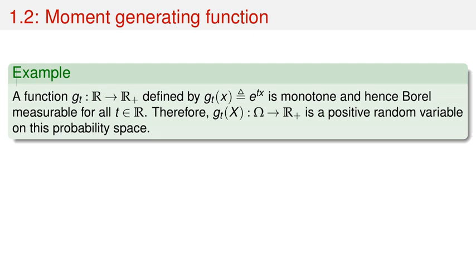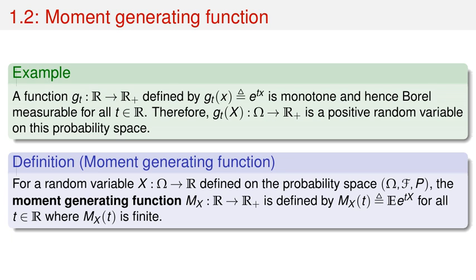Since the exponential function is monotonic, g_t is Borel measurable for any real number t. Consequently, applying this function to our random variable X, the result g_t(X) mapping Omega to the non-negative reals is a positive random variable within our probability space.